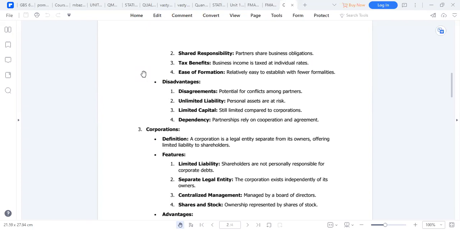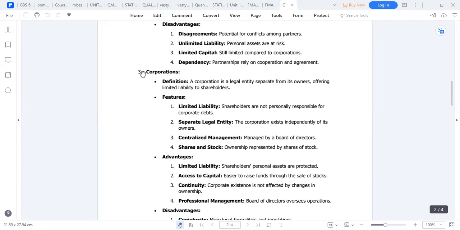There's unlimited liability, meaning personal assets are at risk because decisions made in this partnership are binding on the entire partnership. We also have limited capital, which is limited to the contributions of the partners. Partnerships, except for professions like accountants and legal firms, are limited to 20 partners.